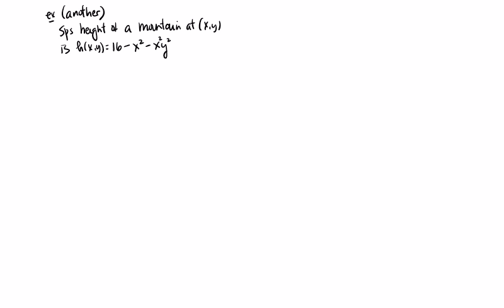That way it's definitely decreasing as x and y increase. So we could say, let's examine the point 2, 1. A few things we can say. We can plug it in.